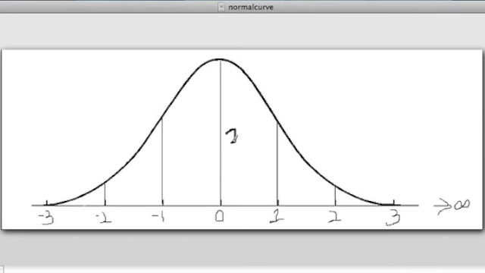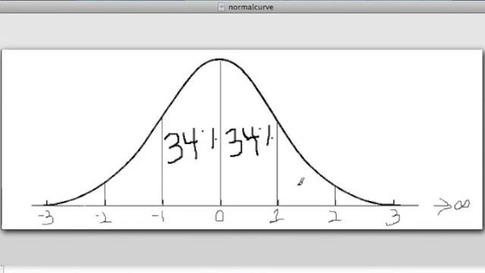Between the mean and the first standard deviation is approximately 34% of the population. Forgive my percentage sign. And if you haven't noticed, this distribution is symmetrical, which means between -1 and 0 is also about 34%.